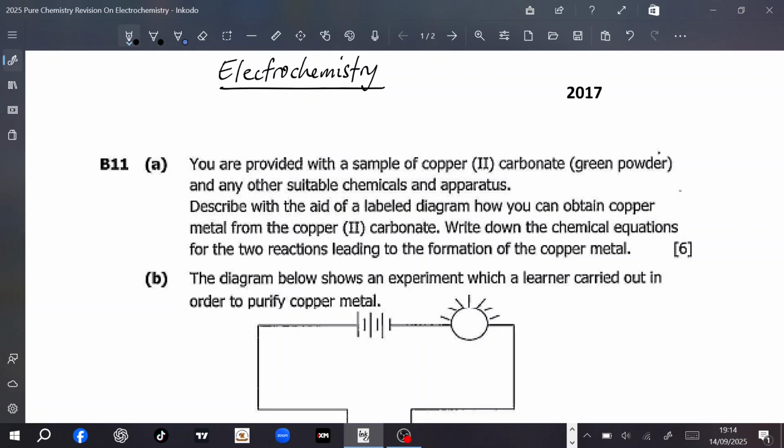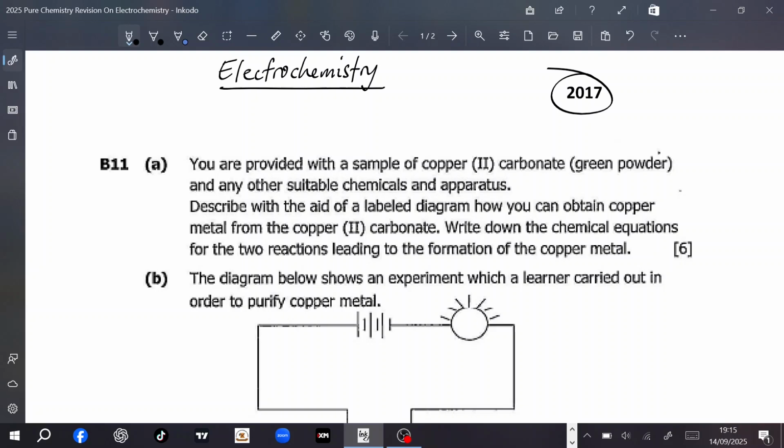Okay, so the question we are looking at came in the 2017 paper, and this was question 11B or B11. So the question was like, A, you are provided with a sample of copper 2 carbonate, green powder, and any other suitable chemicals and apparatus.